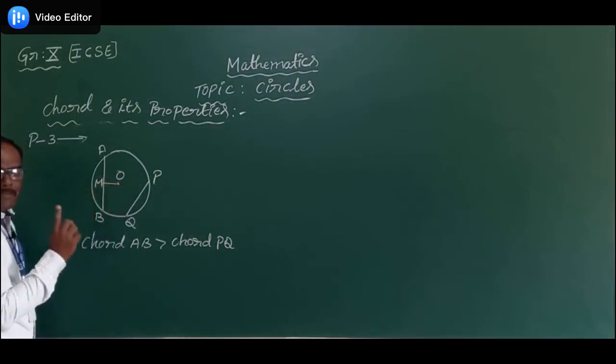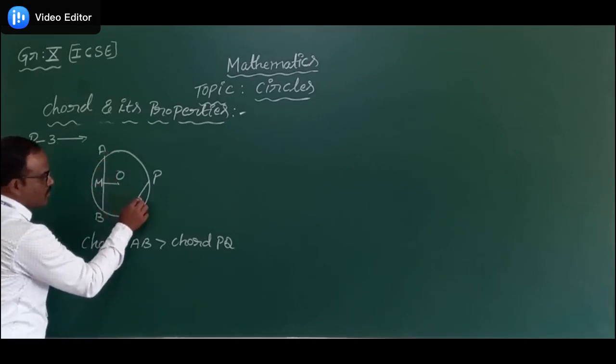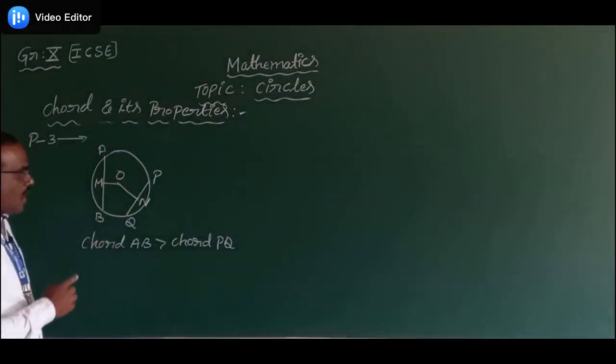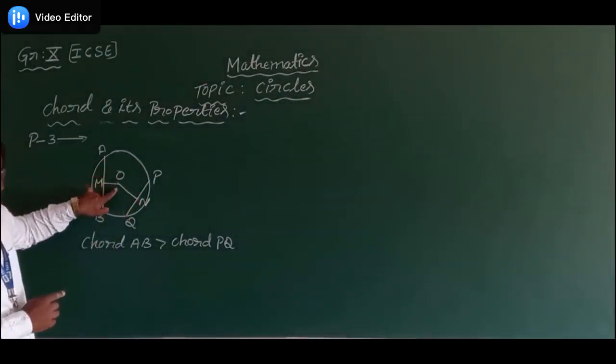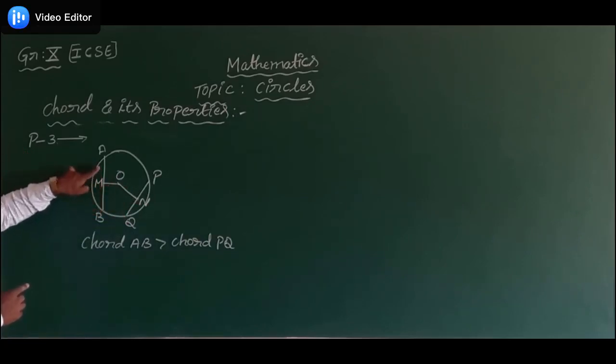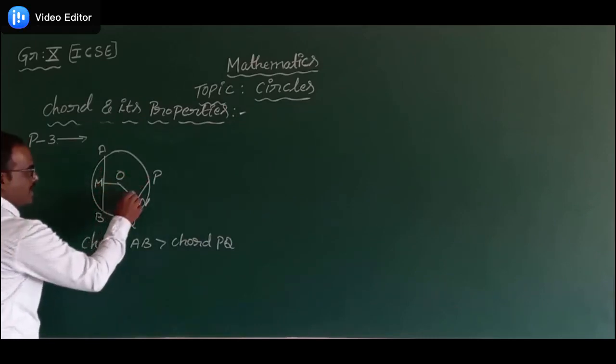OM is the perpendicular distance to the chord AB, and ON is the perpendicular distance to the chord PQ from the center O. Is it clear, children?